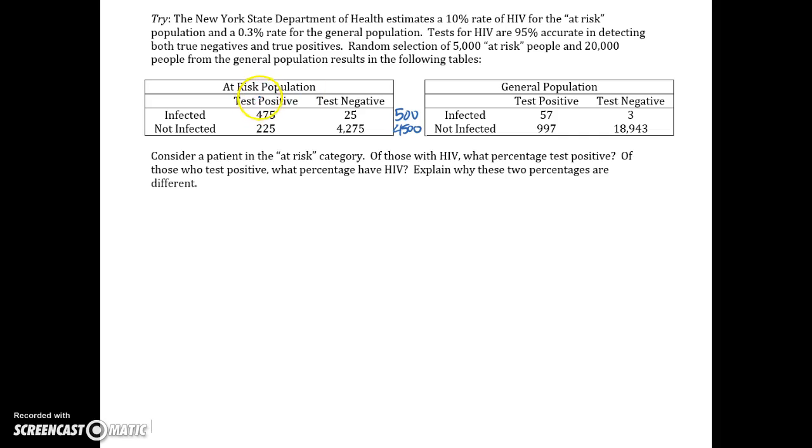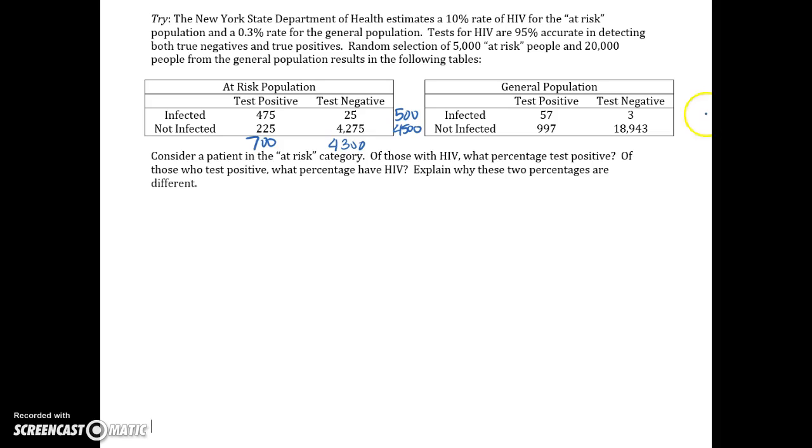Under test positive for the at-risk population, we have 475 plus 225, or 700 people. And as far as testing negative, we have 25 plus 4,275, giving us 4,300 people. Again, if we add 4,300 and 700, we get the 5,000 that were randomly selected from the at-risk population.